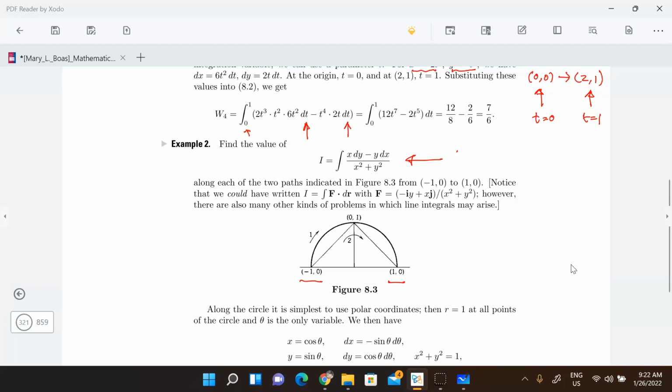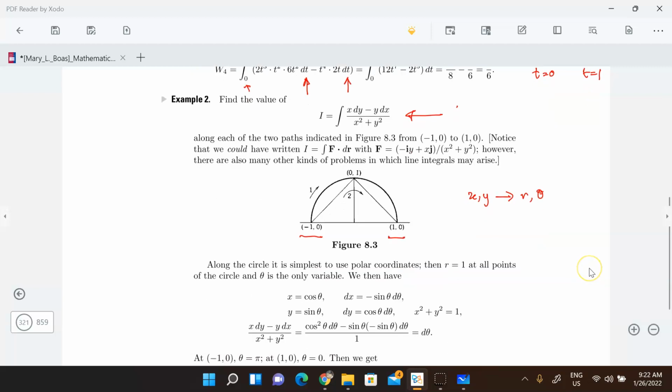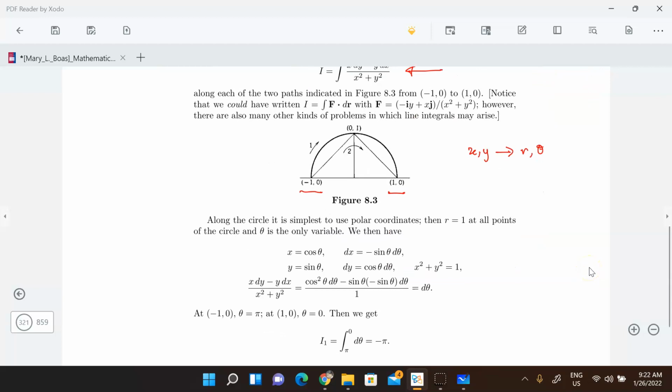For the circle, instead of using x and y, we can convert to polar coordinates, because it's easier to parameterize your circle by polar coordinates. And of course, you can use the same coordinate transformation over here. x equals cos theta, y equals sine theta, and of course you can get your dx and dy from there.